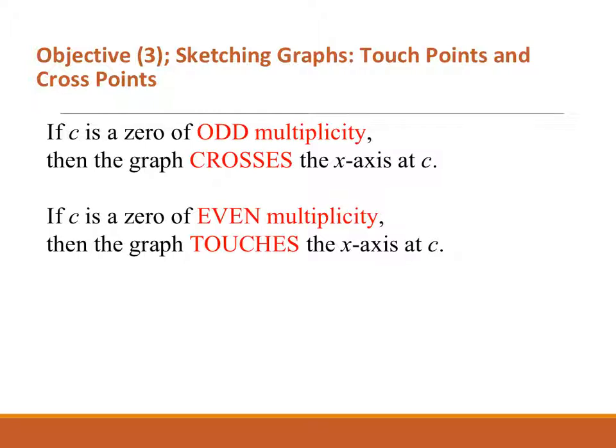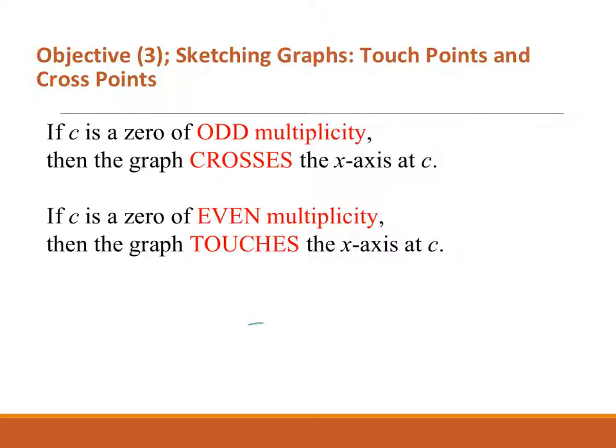So our objective 3 is sketching a graph, the touch points and the cross points. If c is a zero with odd multiplicity, then the graph crosses the x-axis at c. If c is a zero of even multiplicity, then the graph touches the x-axis at c.